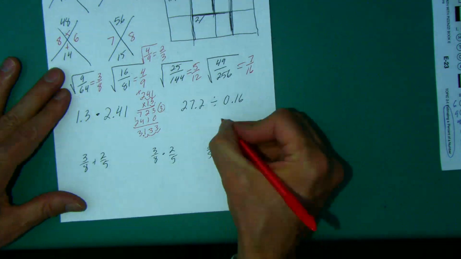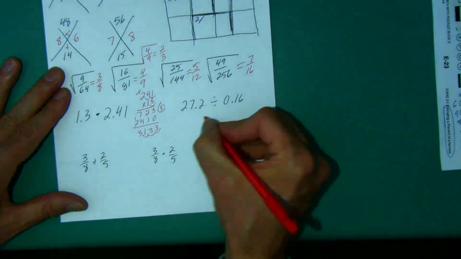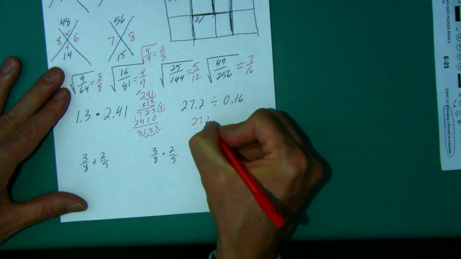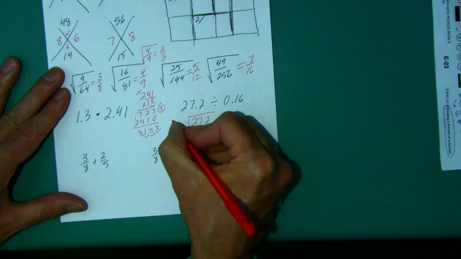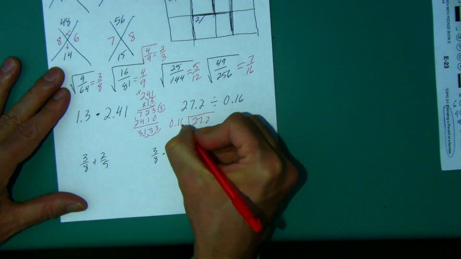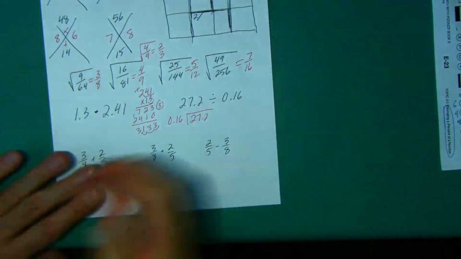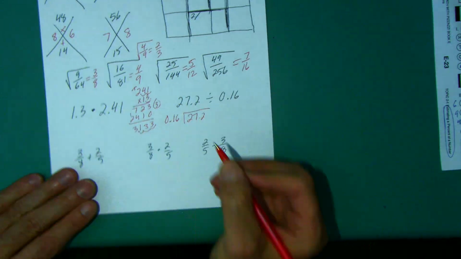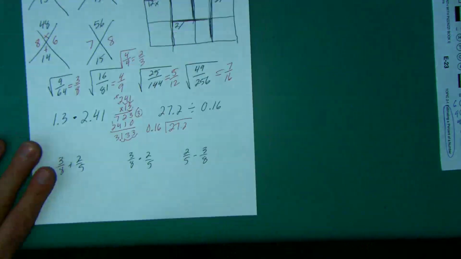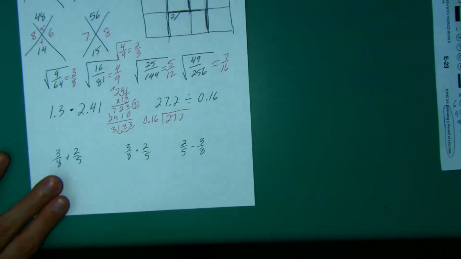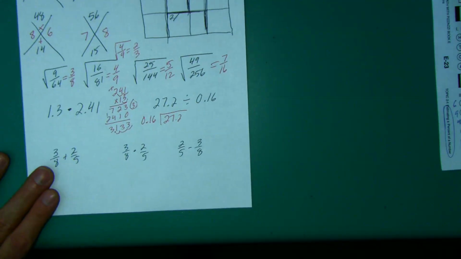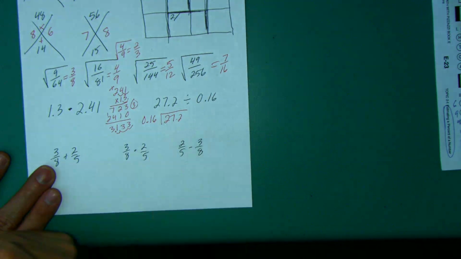Okay? All right. First I do is rewrite it. The first number goes inside the box. That's a 27 and 2/10. The second number goes outside the box, which triggers an alarm, and the police start coming to get me just in case. They're going to watch me like a hawk to make sure I don't do what? They're going to make sure I do not divide with the decimal outside the box. I have to get rid of that decimal outside the box.